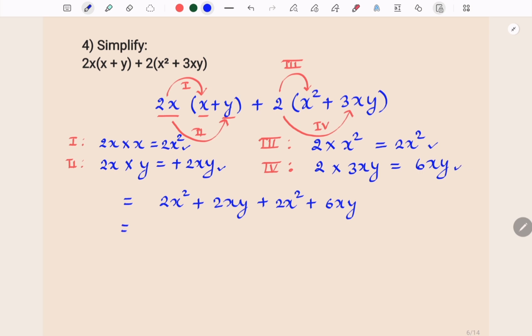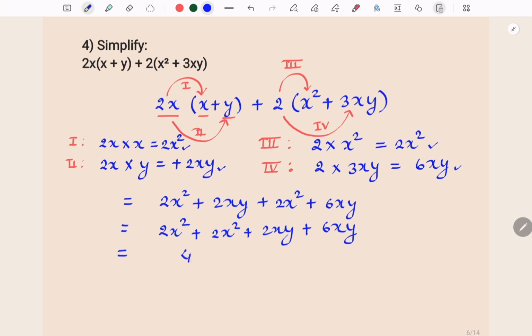Now, in the next step, I will combine like terms. So 2x squared will be clubbed with 2x squared, and 2xy will go together with 6xy.